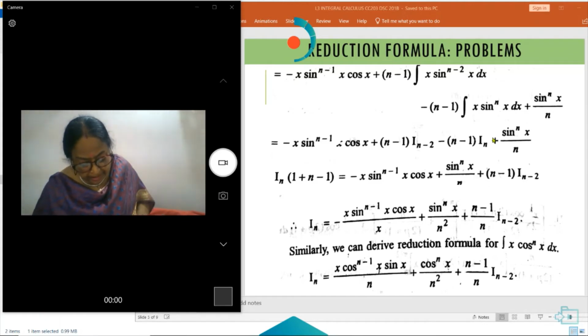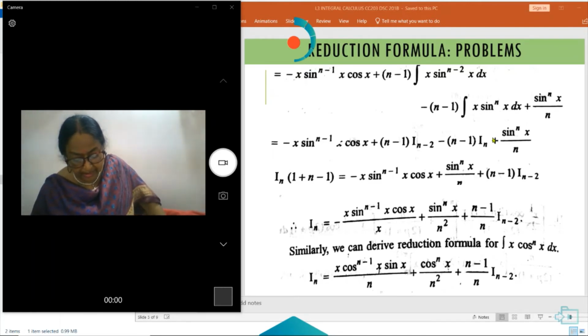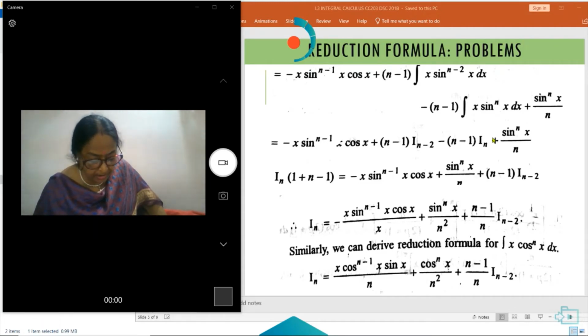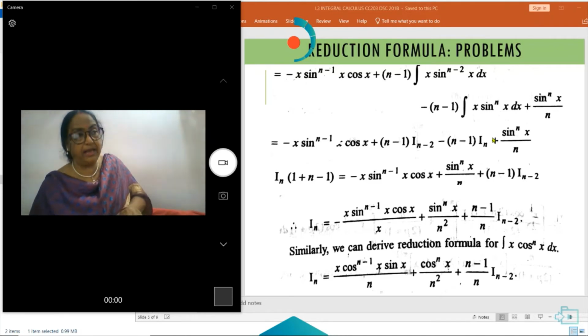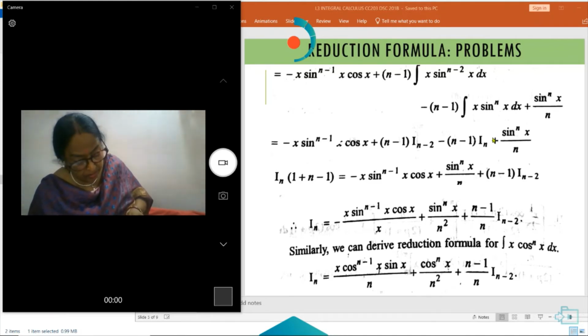So taking this n minus 1 In on the left hand side, we get 1 plus n minus 1 In is equal to minus x sine n minus 1 x into cos x plus sine nx by n plus n minus 1 In minus 2.